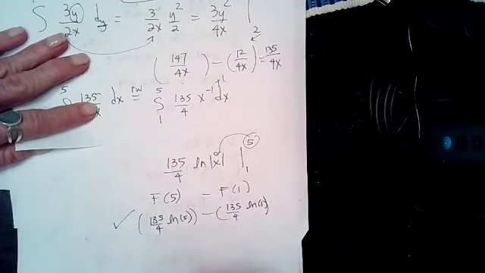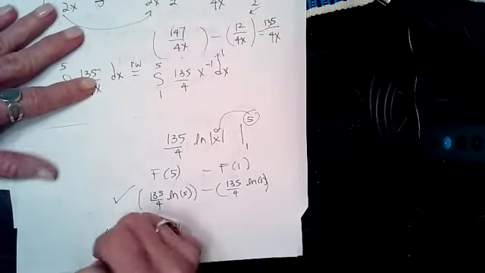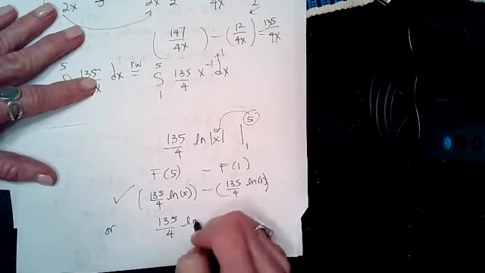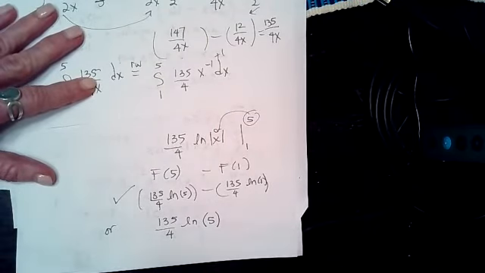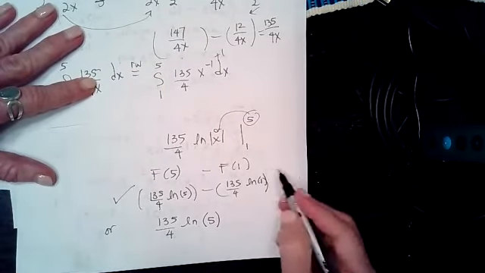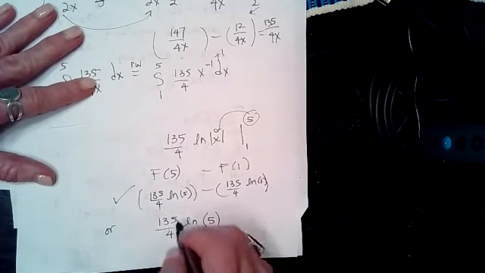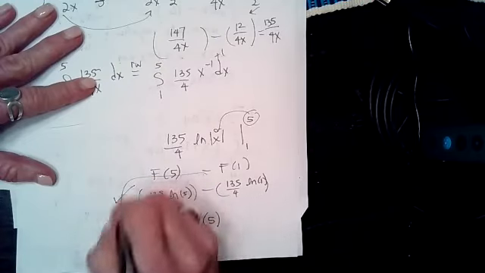And that is a perfectly fine answer, or you can put it as 135 over 4. The ln of 5 over 1 is just the ln of 5. The ln of 1 is 0. You cannot call this the ln of 4. It will be wrong. Okay, so that or this, and those are your answers.